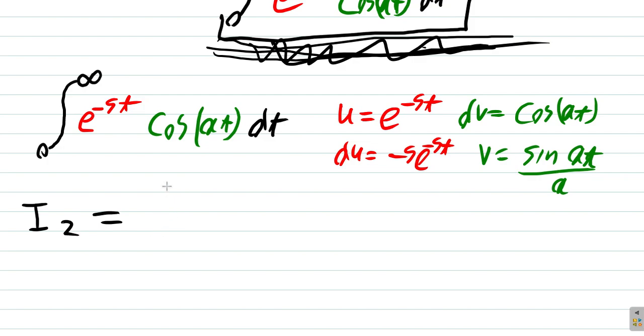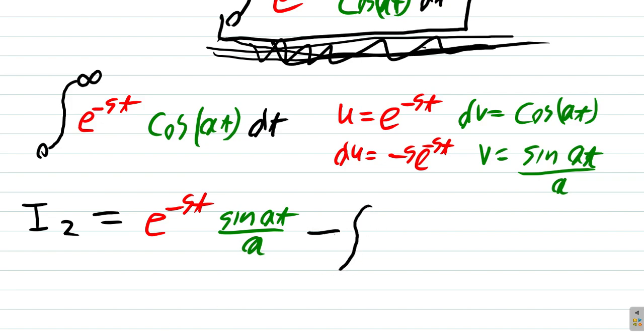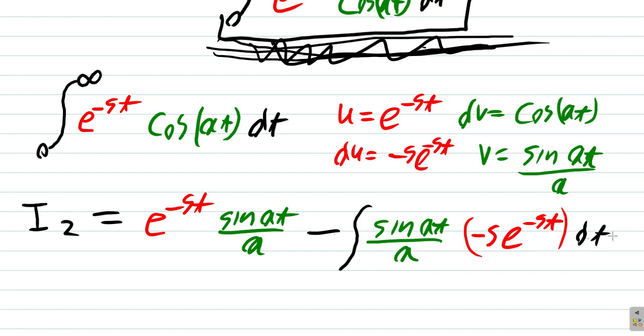This is equal to, so the integral of u dv is equal to u, which is e to the negative st, times v, which is sine at over a, minus the integral of v, which is sine at over a, times du, which is negative s e to the negative st dt.